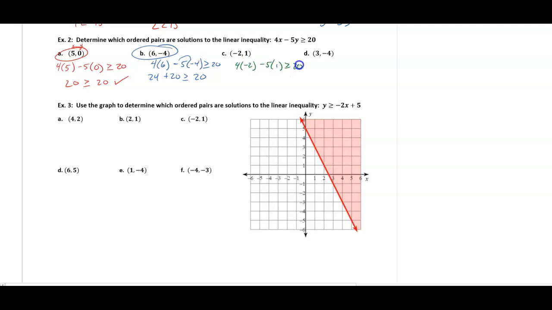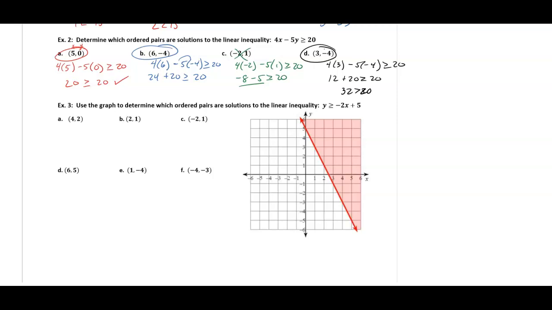Is that greater than or equal to 20? Is negative 8 minus 5 going to be greater than or equal to 20? Right away, you know it's going to be negative. Therefore, no, it's not a solution. And the last one is 4 times 3 minus 5 times negative 4. Is that going to be greater than or equal to 20? Is 12 plus 20 going to be greater than or equal to 20? I would say 32 is greater than 20. Therefore, it is a solution.